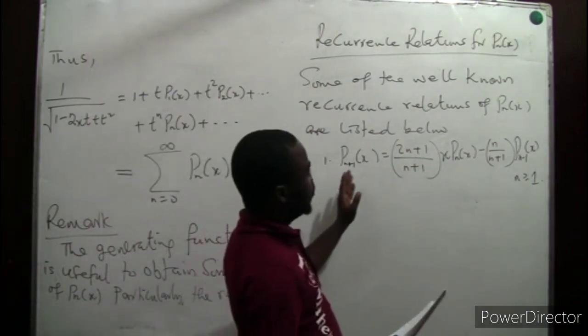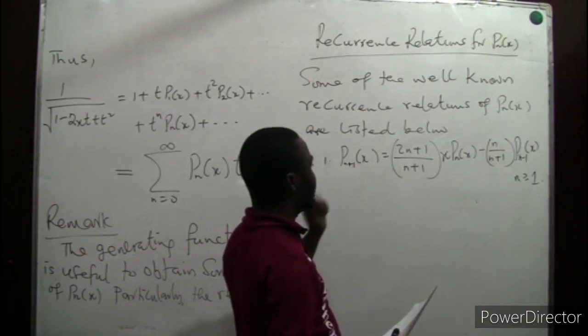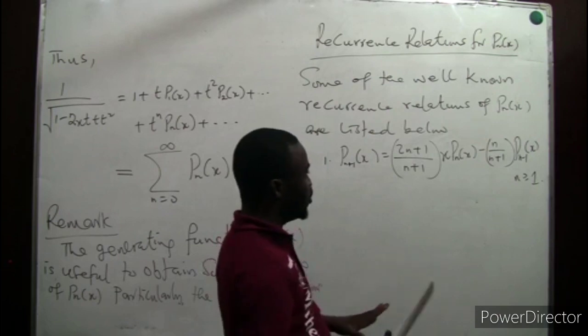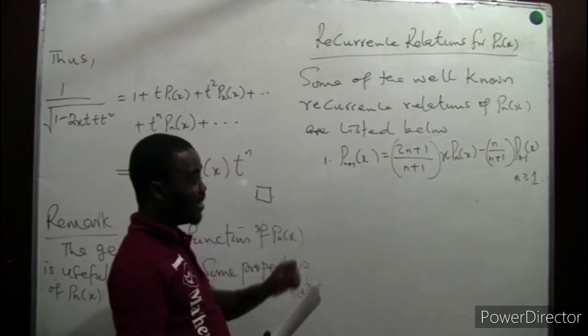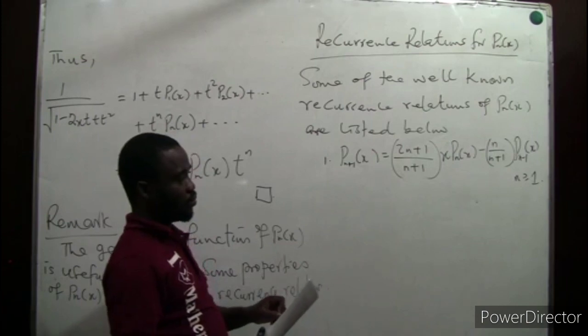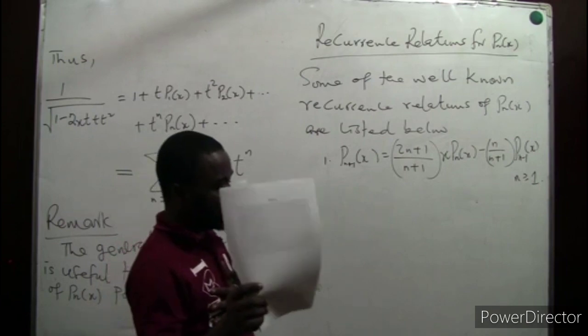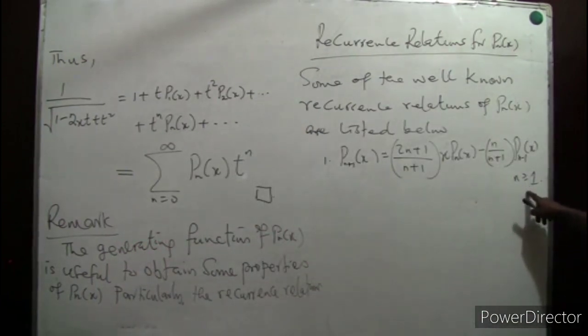Another useful relation that can help us in that regard is number 1. After proving some of the recurrence relations, I'll go back and generate the Legendre polynomials using the first relation. But we can only use it provided that our n is greater than or equal to 1.